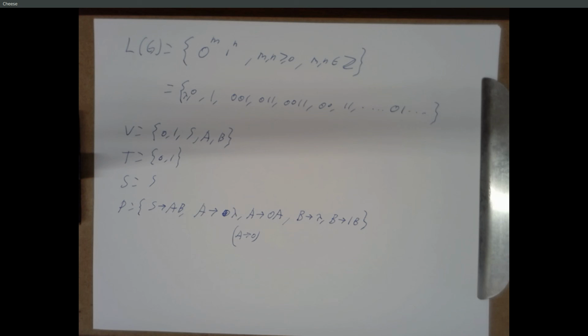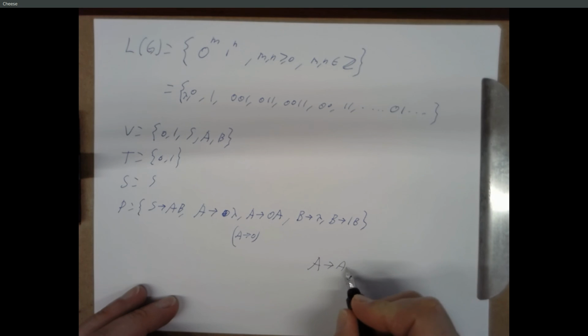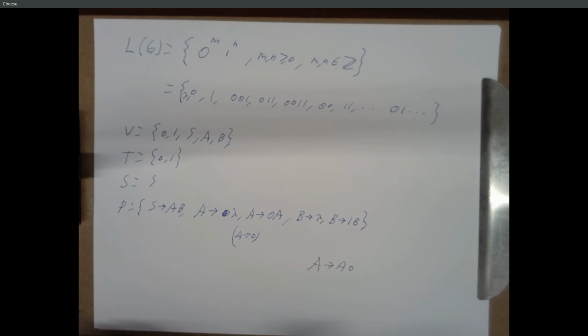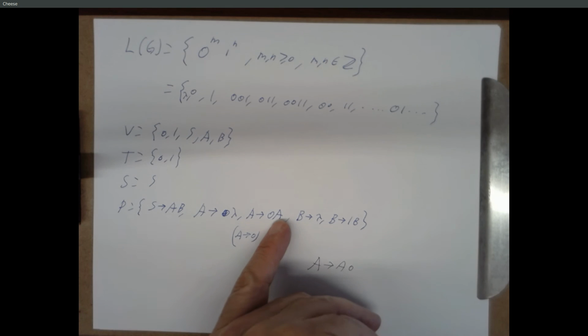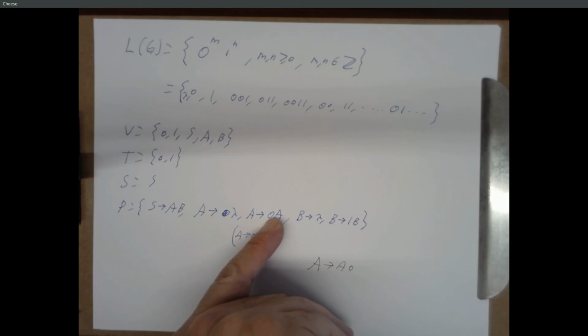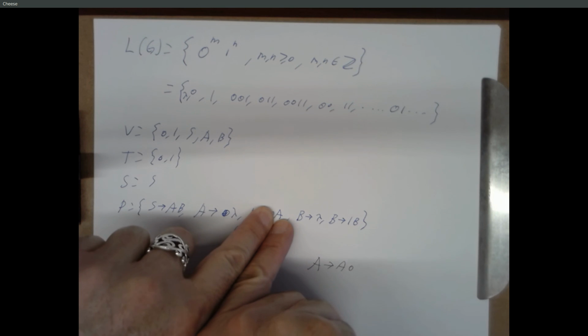This is a bit of a sidebar. The reason I don't want to say something like A goes to A0 is because when we're looking at something and saying, is this part of our language? If I say A goes to 0A and I happen to have a 0, I can say, okay, that 0 in my string goes with this 0. The rest of the string should go to an A, right?